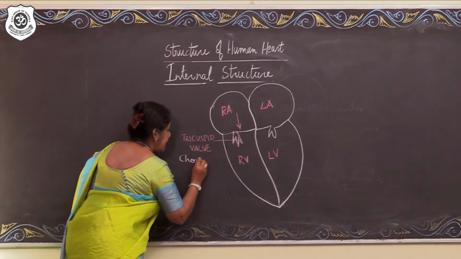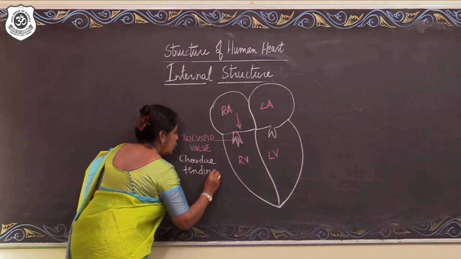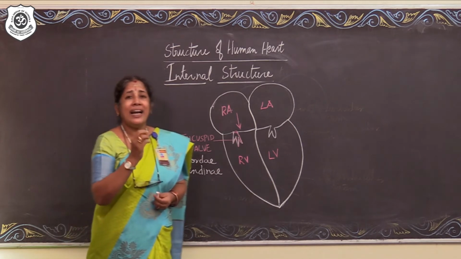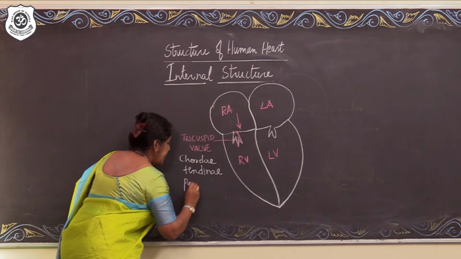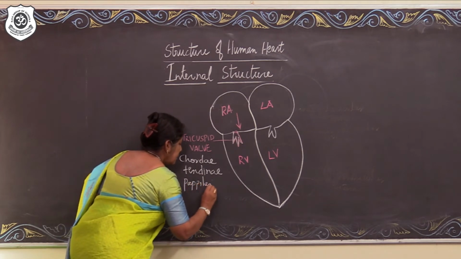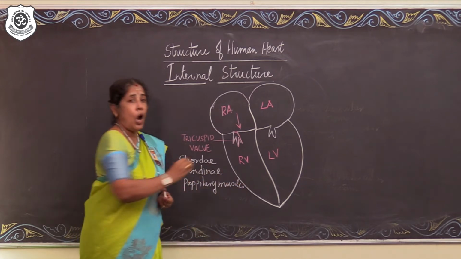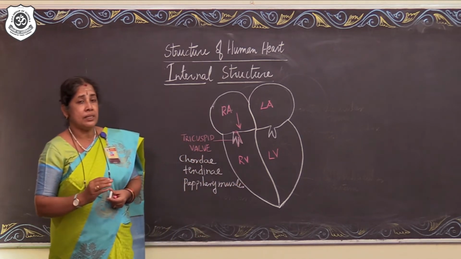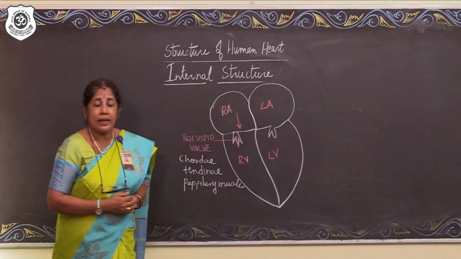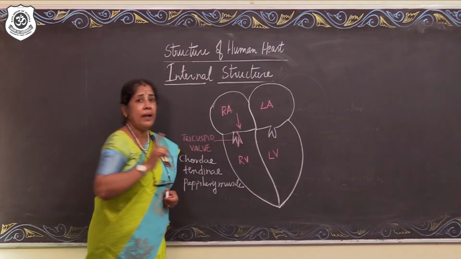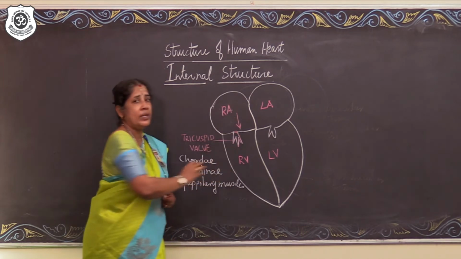Now, holding these flaps in place are thread-like structures that are called chordae tendineae. The chordae tendineae are connected to small muscles which are called papillary muscles. Now the chordae tendineae and papillary muscles ensure that the valves do not open in the opposite direction, thereby ensuring that the blood flow is always from the auricle into ventricle.